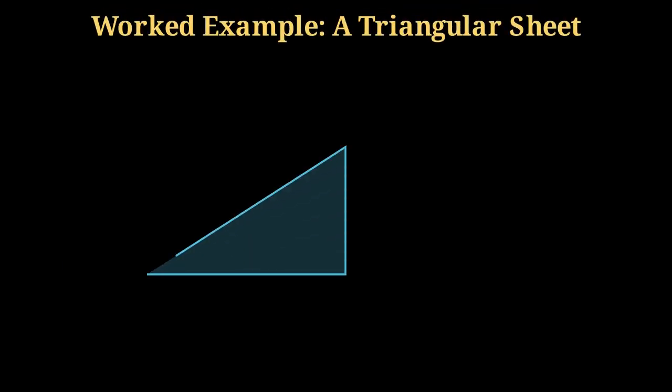Let's step up to a flat shape, a triangular sheet with base A and height B. Predict first. It's fat at the base, thin at the tip, so the balance point should sit nearer the wide base. A thin vertical strip has height y equals b over a times x, so dm is sigma y dx. The total mass is sigma times the triangle's area, 1/2 AB.